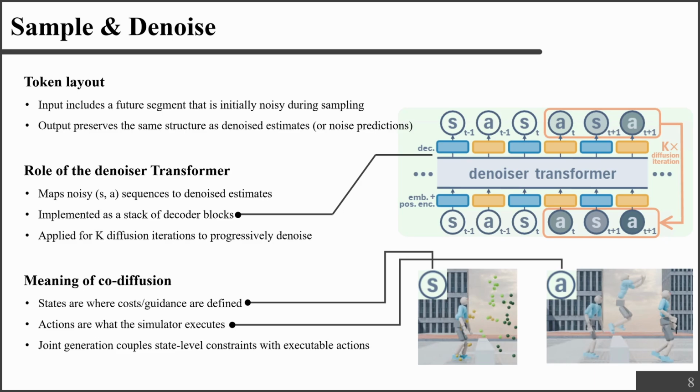During sampling, the future segment is represented by noise variables. The denoiser transformer takes these noise sequences and outputs the noise estimate for each token. Implementation-wise, diffusion models typically either predict the added noise or predict the clean values.